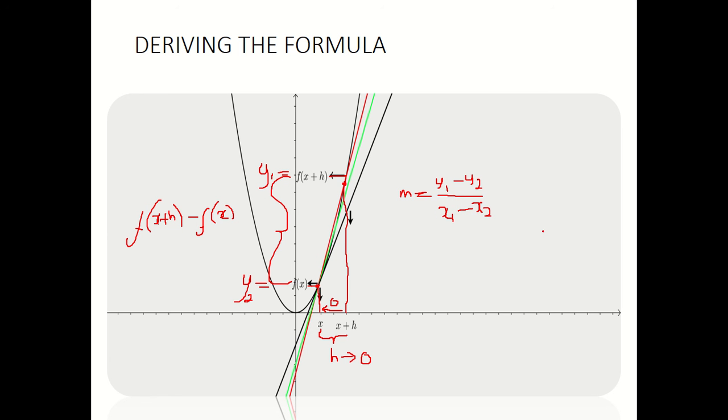The gradient is simply, for you to find the gradient of a straight line, you'll have y1 minus y2 divided by x1 minus x2.